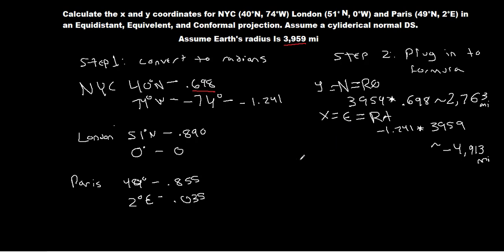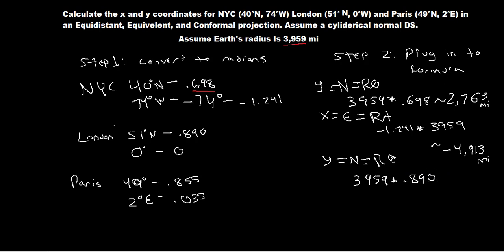Let's go ahead and try London. So we're going to do our northing, again, with theta. In this case, our theta is going to be 0.89. Our radius is still going to be 3,959 times our theta, which is 0.890.